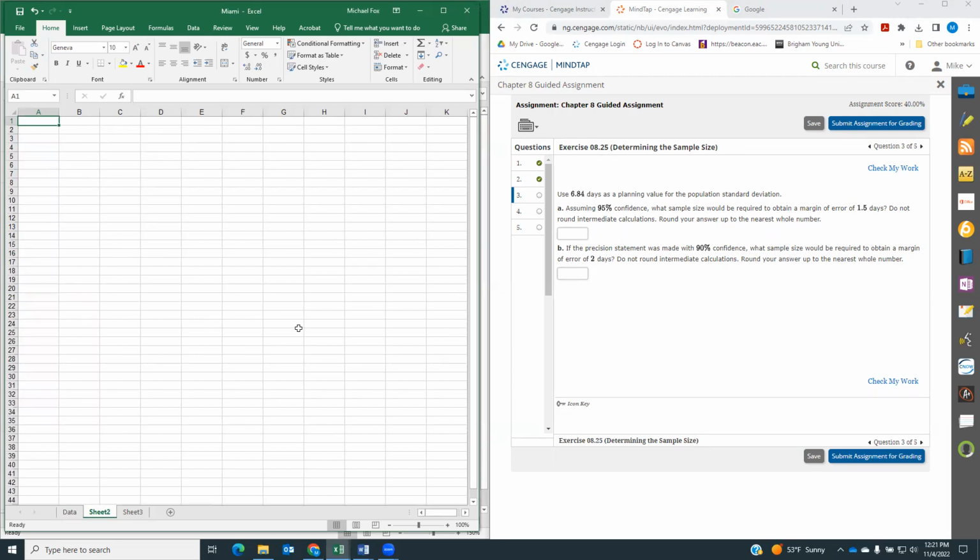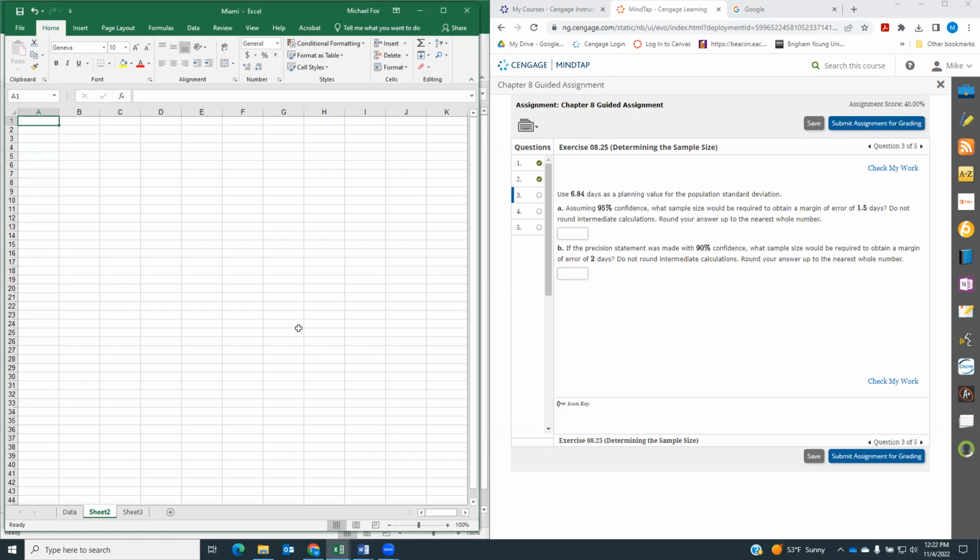So they're asking us, given a certain confidence level and given a certain estimate for population standard deviation and a certain margin of error, what is n, or the sample size that we are going to need to get that level of confidence?